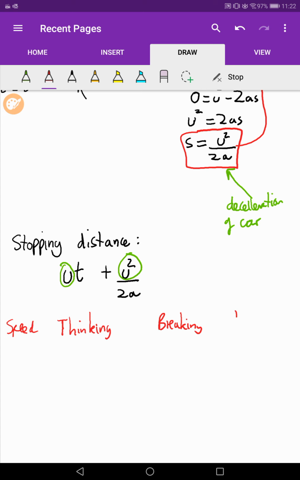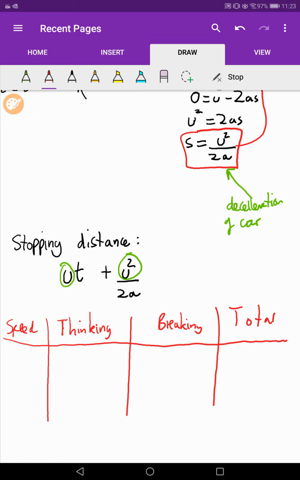And then total. This is average time it takes. So this table is just going to take a couple of things into consideration. Obviously, we're going to use an average thinking time and an average deceleration of a car. So we look at it at 30 miles per hour, 50 miles per hour, and 70 miles per hour.